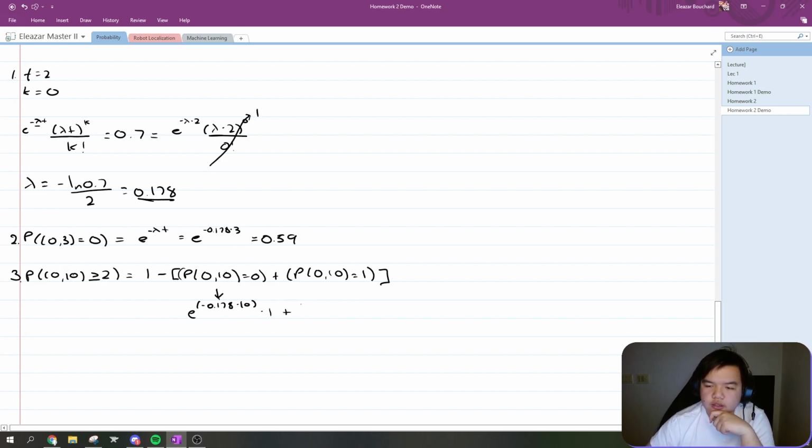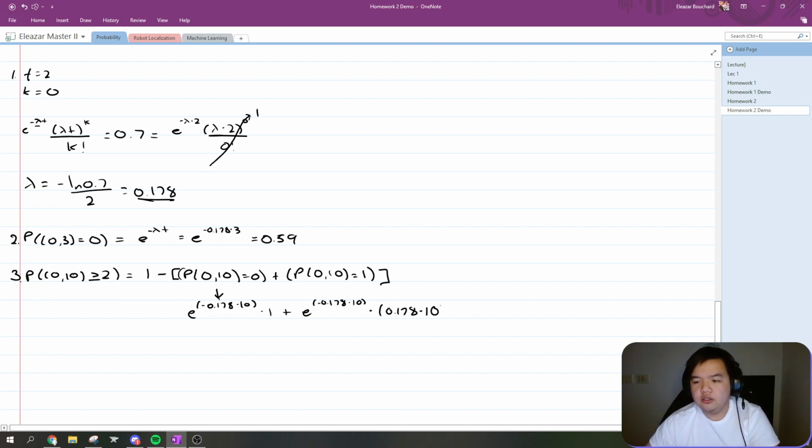We'll add on to this: once again, we have e to the negative 0.178 times 10, and then we have this formula here, lambda, 0.178, multiplied by 10.